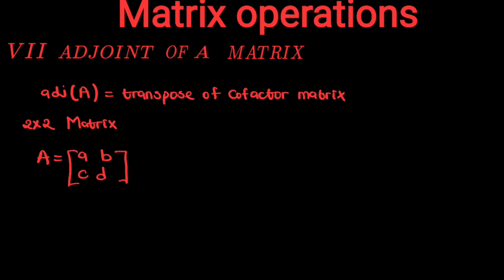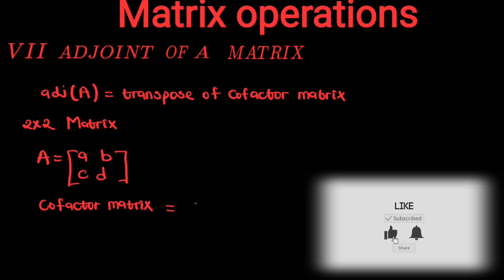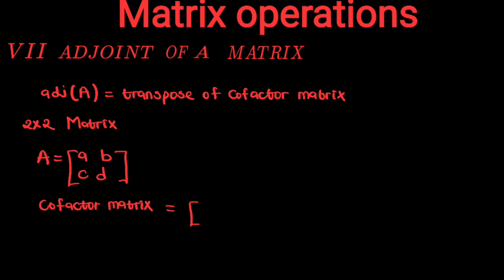then the cofactor matrix is going to be, so here a and d are at the diagonal.